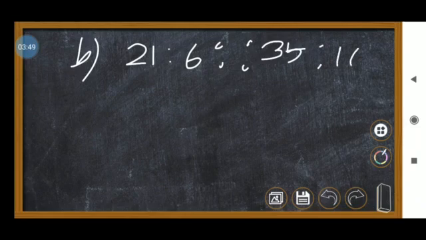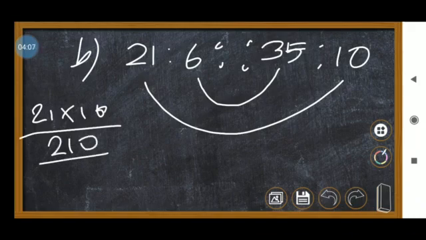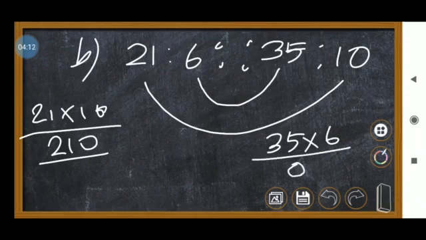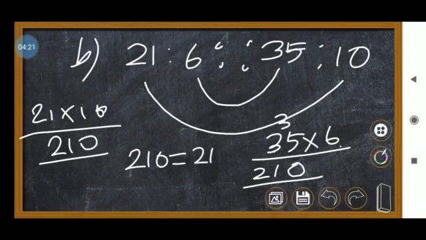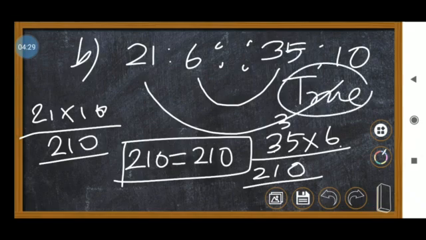The same way, we will move with the shortcut method. 21 into 10 is 210. 35 into 6: 5 6s are 30, 3 6s are 18, 18 plus 3 is 21, so 210. 210 is equal to 210, so both are equal, which means it's proportional. So the statement is true.